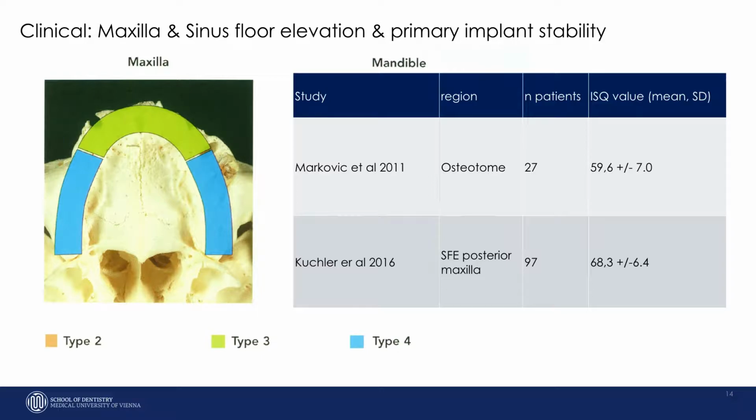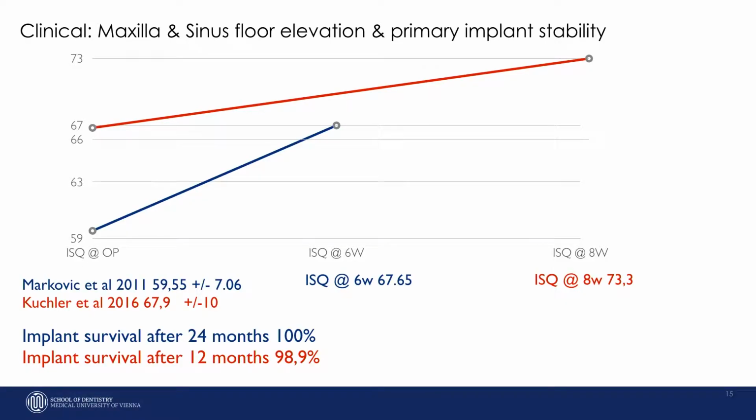In this study, we left the implants to heal for 8 weeks, and we did another implant stability measurement. As you can see from the comparison with the other studies, the red line was the Kuchler study. We went up to 73 ISQ after 8 weeks.